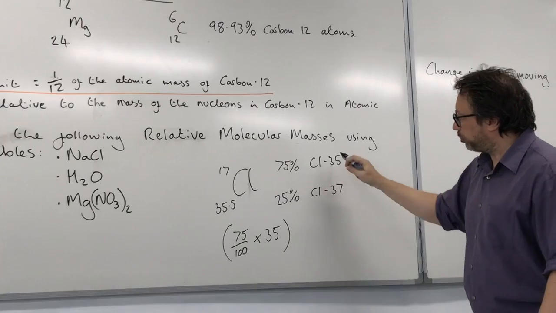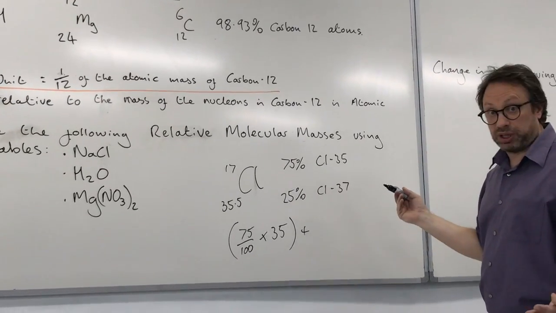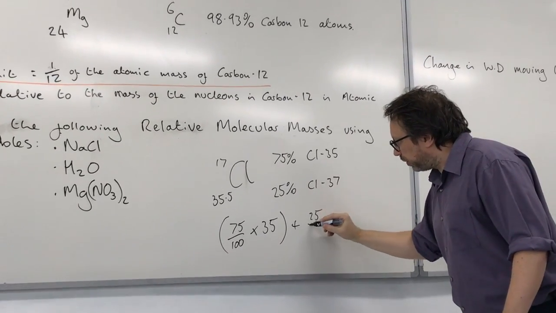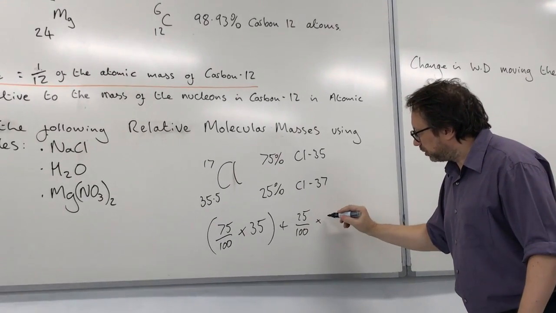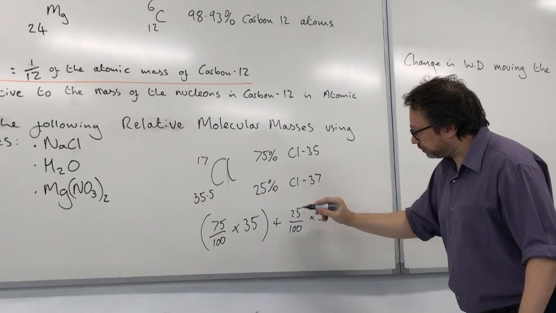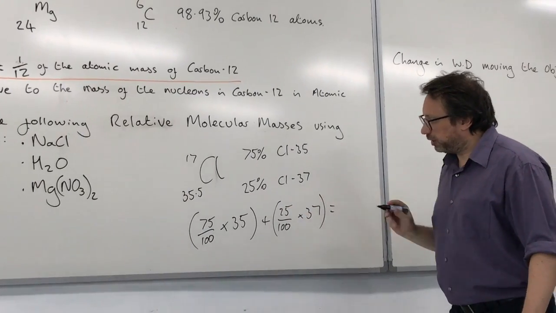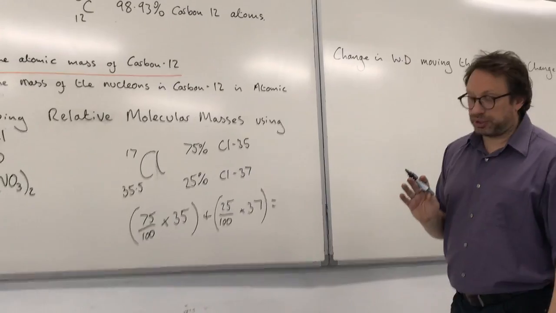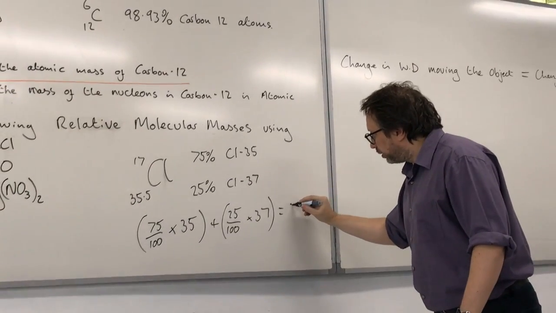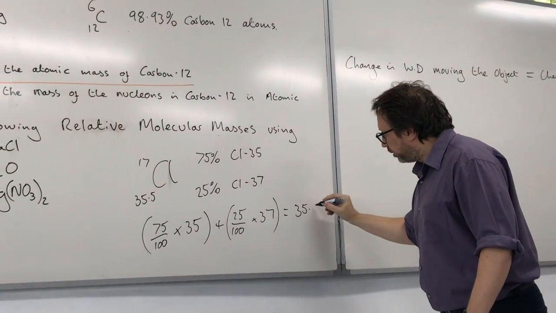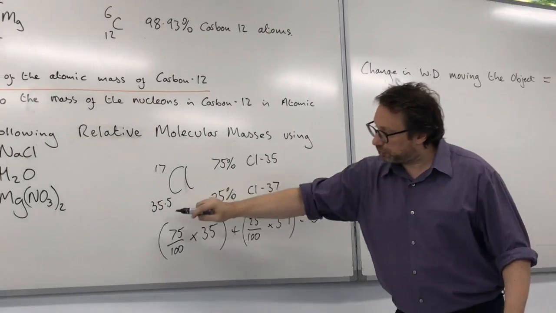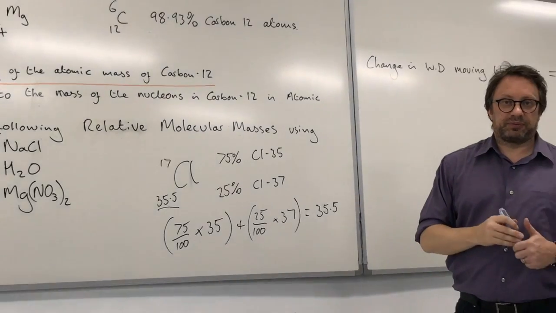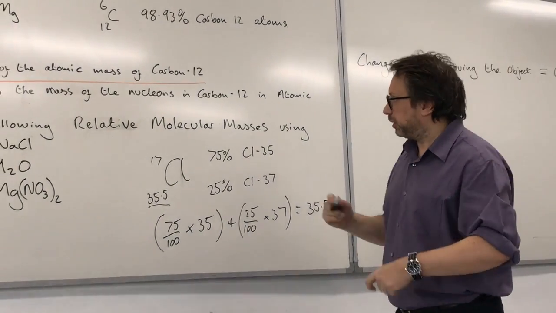So 75% of that number, plus, and I'm sure you can guess now, 25% of that number times 37. And if you do that calculation on your calculator, you come out and find you've got a relative atomic mass of 35.5, which gives us this there. All right? Lucky I remembered that.